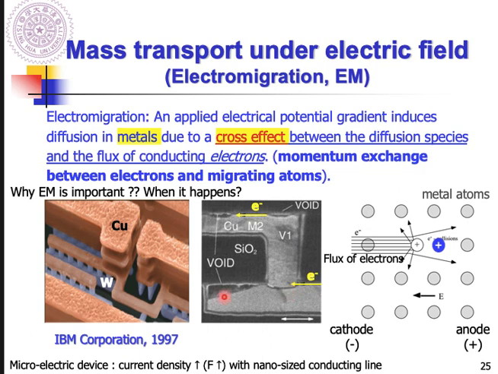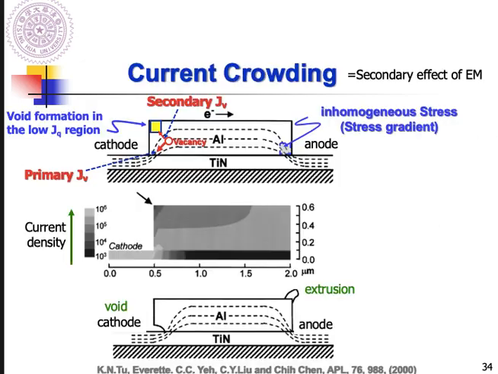Take a look. There's a big void formed at this region, and based on these figures, you know this region definitely for sure is a low current density region, but we still observe some void form here. So this is evidence showing that the current crowding effect also will lead to void formation.